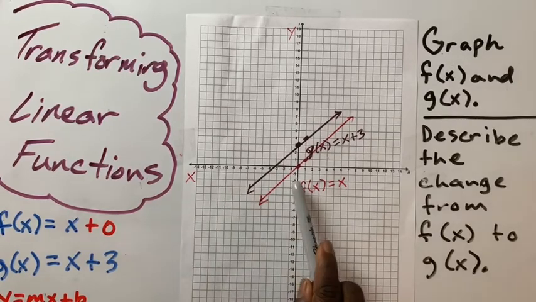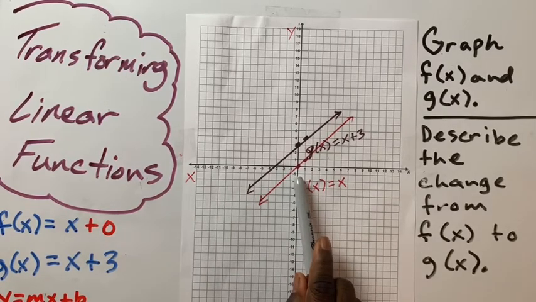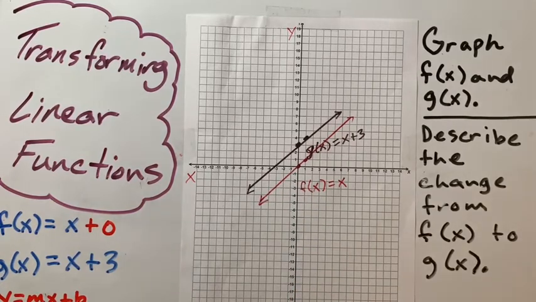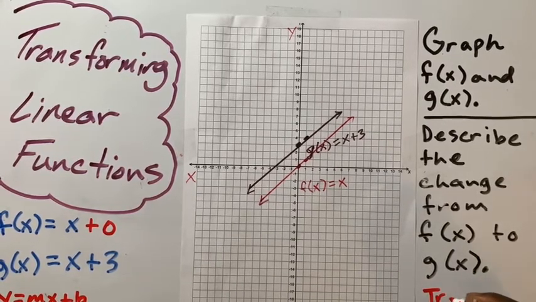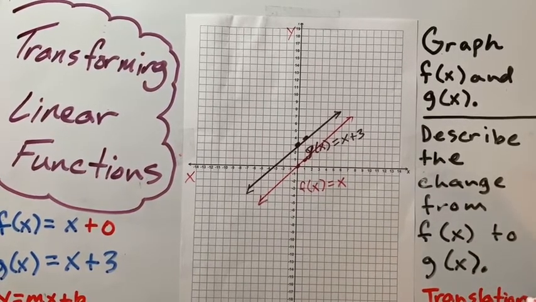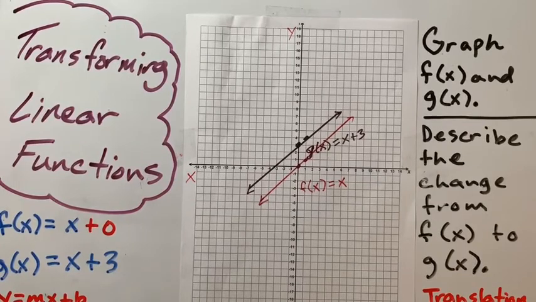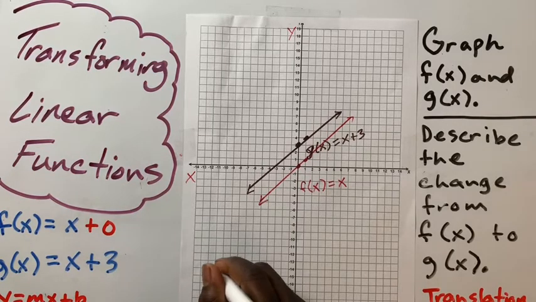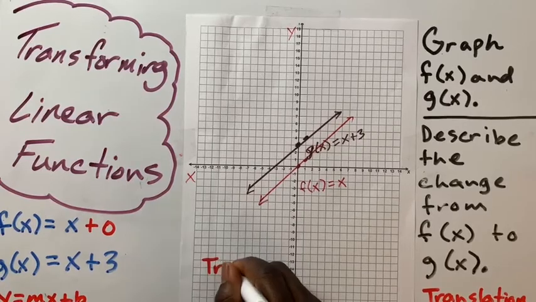Well, it's not a reflection, and we're not turning, it's not a rotation. Yes, it is a translation. So the first thing I'm going to write is translation. And just in case you can't see it, I'm also going to write it on here. So we have a translation.